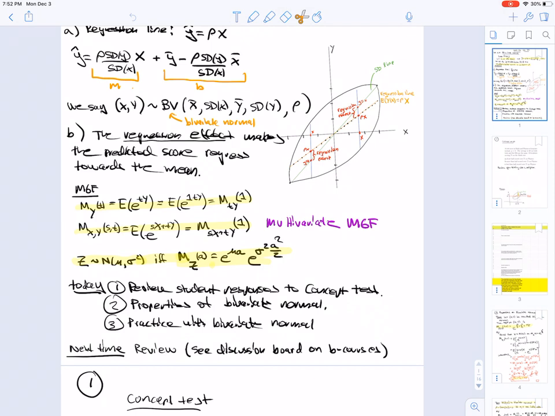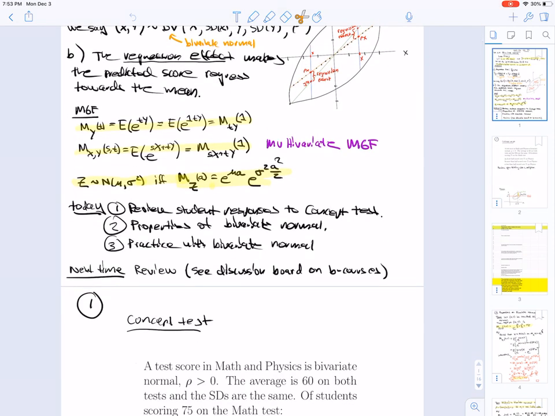And there's a multivariate moment generating function defined by the expectation of e to the sX plus tY, which you can again write as the moment generating function of the random variable sX plus tY at 1. Also recall that Z is normal mu, sigma squared if and only if Z's moment generating function is given by the formula there.